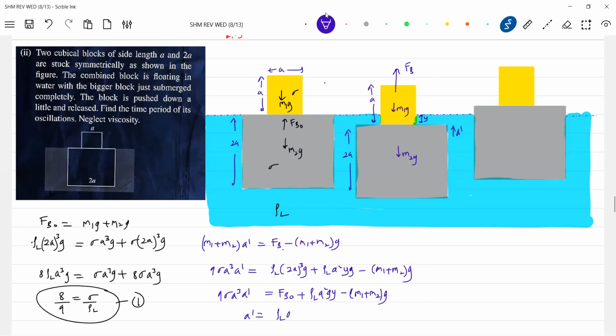A dash equal to rho L A square G by rho L by sigma we have, by 8 by 8, sir. G by 8, yeah. This is A dash.